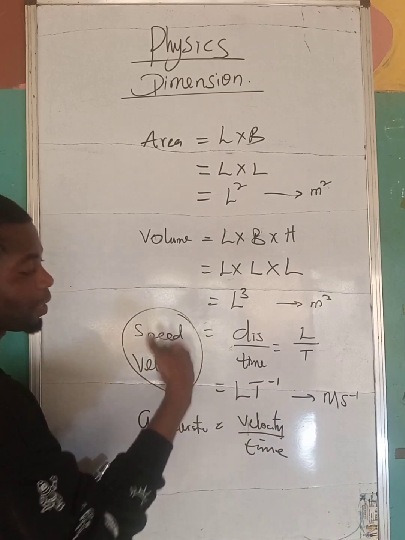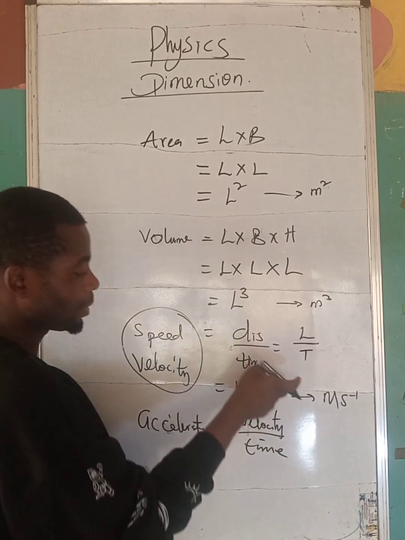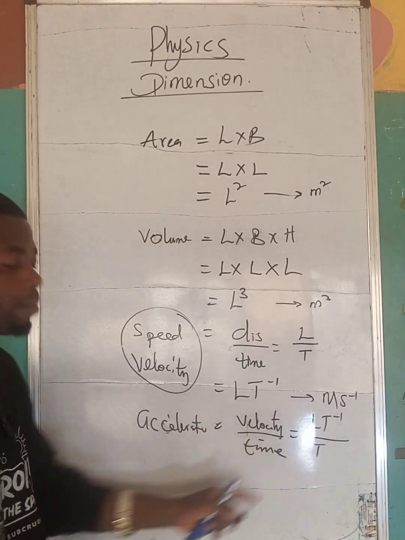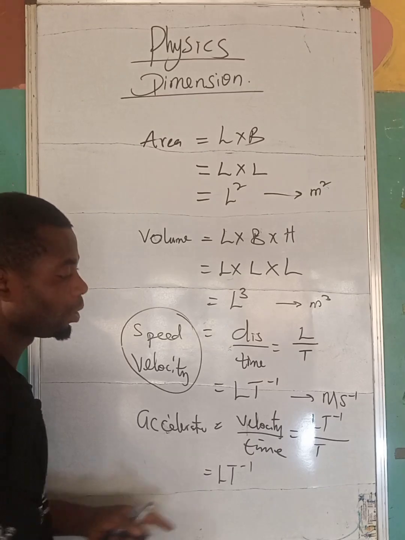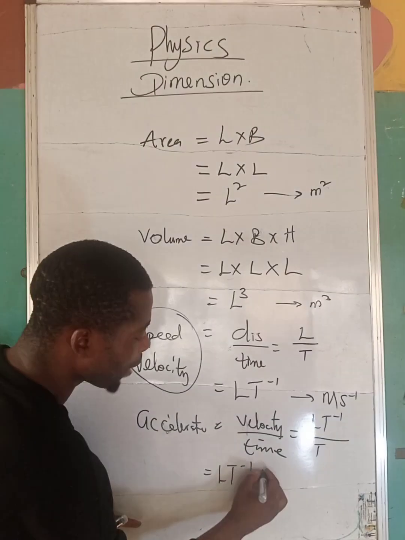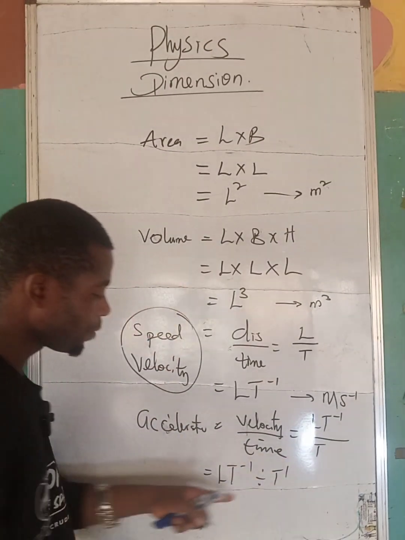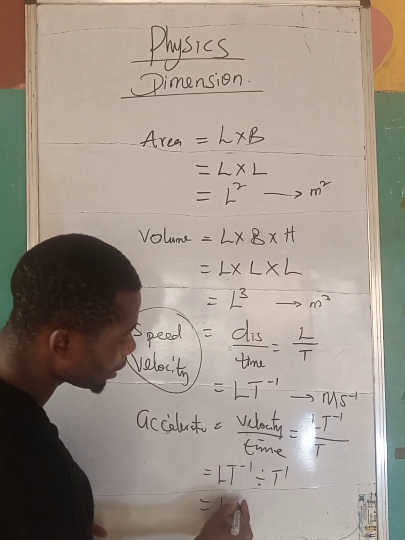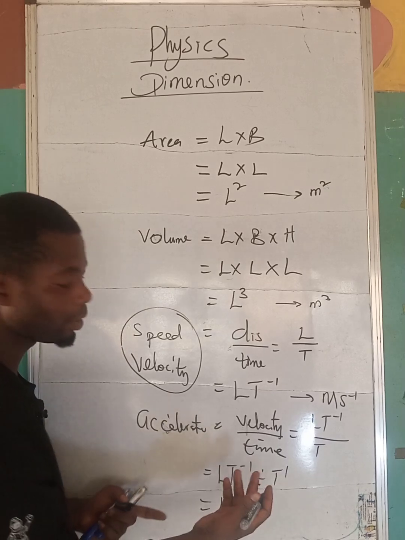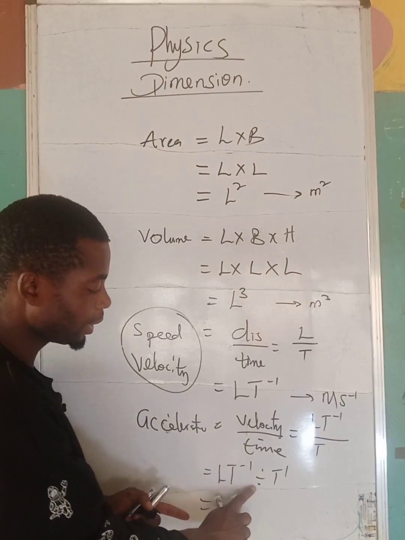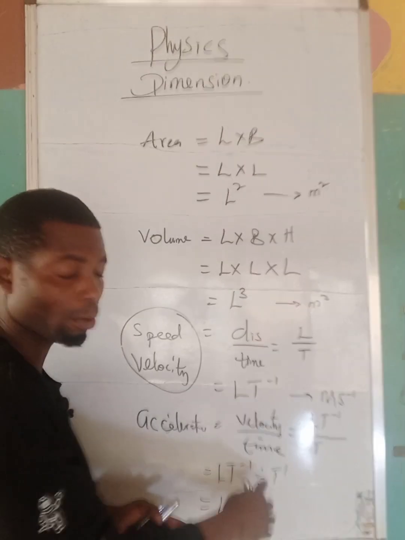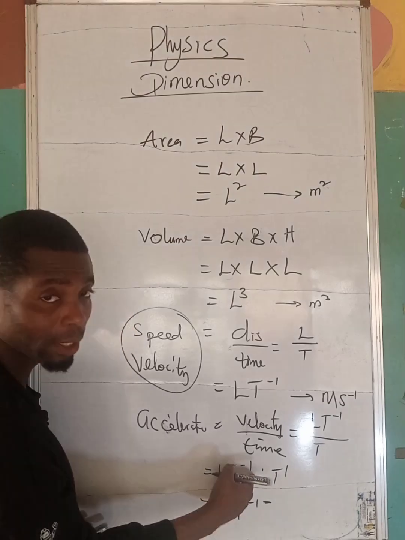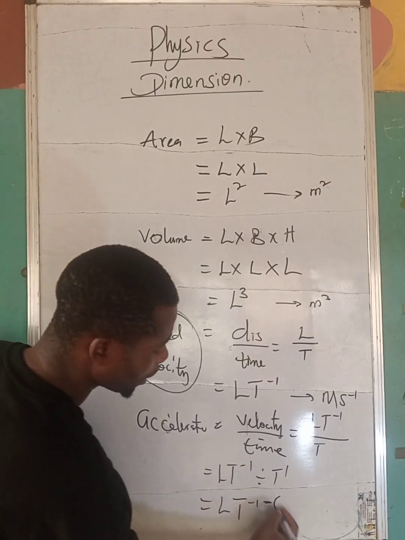Your velocity dimensionally is L per T, so L per T then divided by T. If you solve this mathematically, you have LT^-1 divided by T^1. If you compare the indices, T is common to both. You pick one T, and because you have division there, you subtract the power. So this will be T to the power of minus 1, minus 1, because division changes to subtraction.